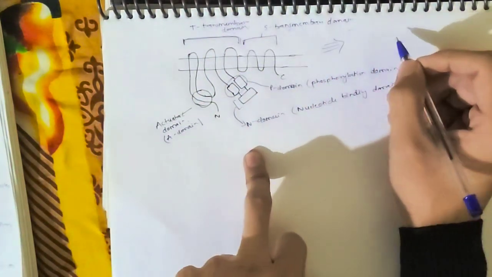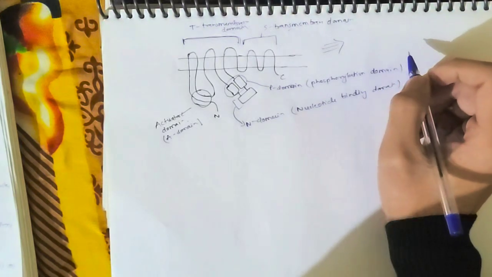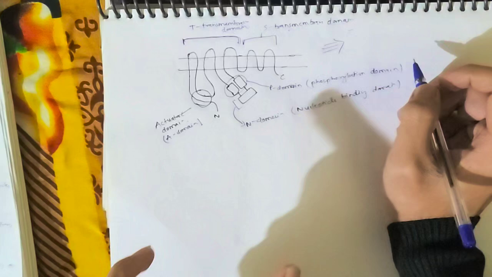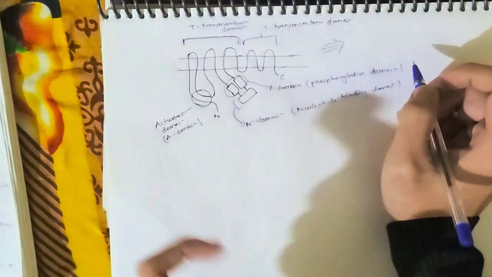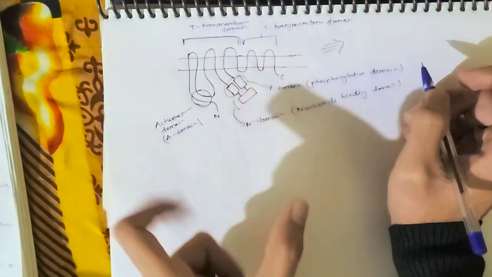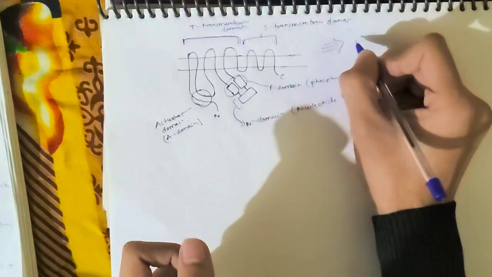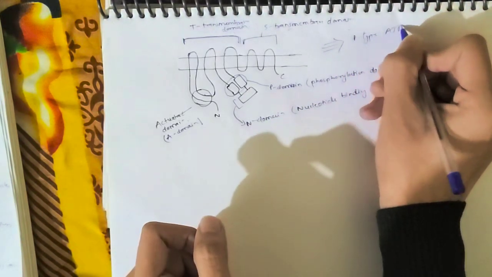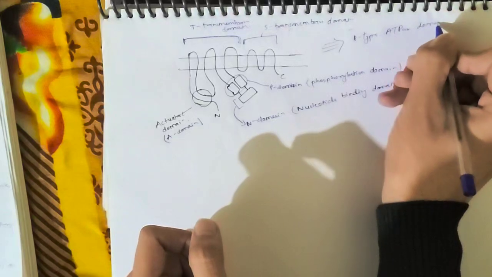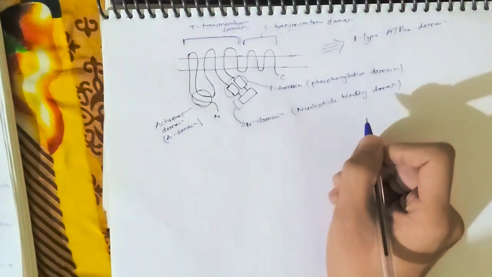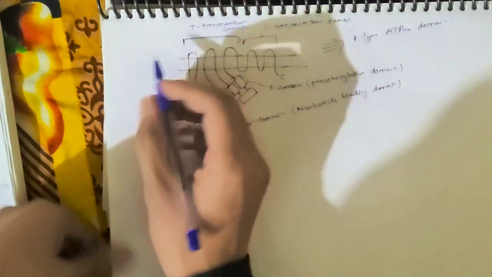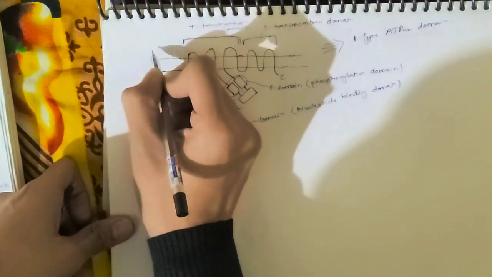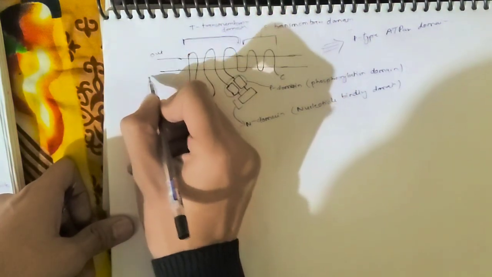This is actually the diagram or the structure of all P-type ATPases. It is not specifically for SERCA, but SERCA can also be drawn like this. So it is also part of P-type ATPase domain. Okay, and let me make something clear: it is out, it is in.